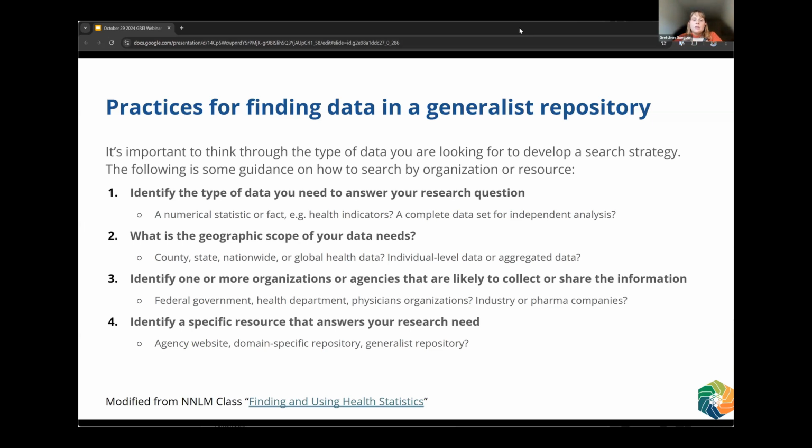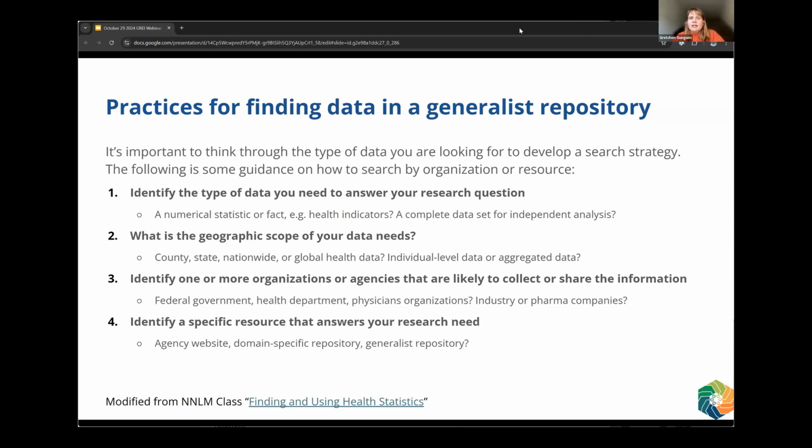And then you might want to identify a specific resource, a specific agency. After you've narrowed things down, you may find, I know exactly the agency I want to look for this, I know exactly the domain specific repository I want to look to. Or maybe this is very interdisciplinary, or there isn't a space just for this question. It's very novel, and I want to go to a generalist repository, or I want to search multiple sites.